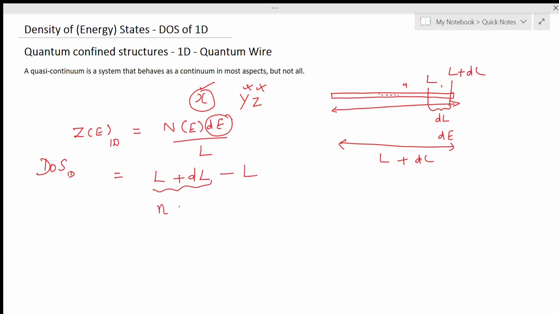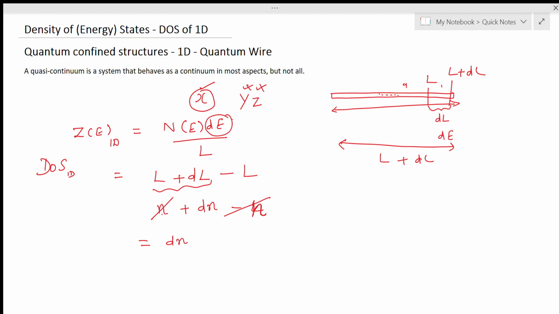Or even we can consider this as n plus dn, where n denotes the length. So here n plus dn minus n, so n and minus n get cancelled off. We are going to find dn only.